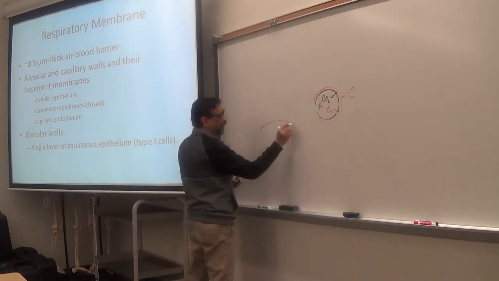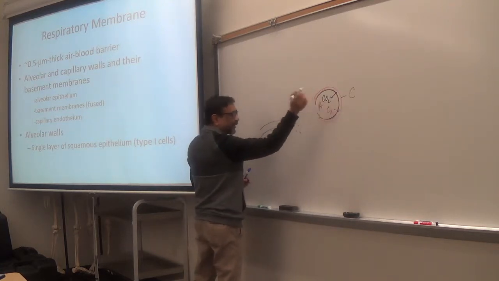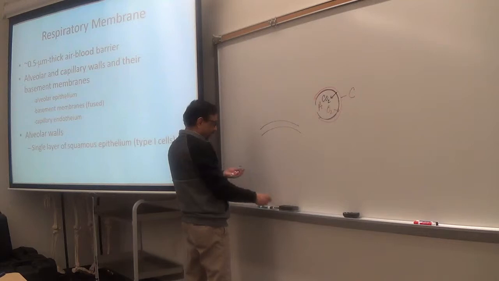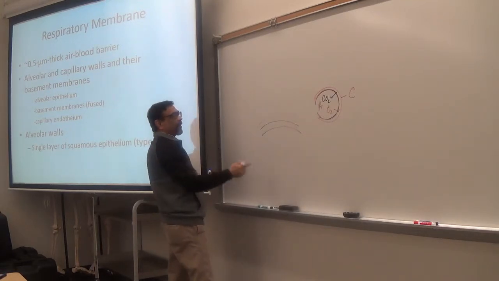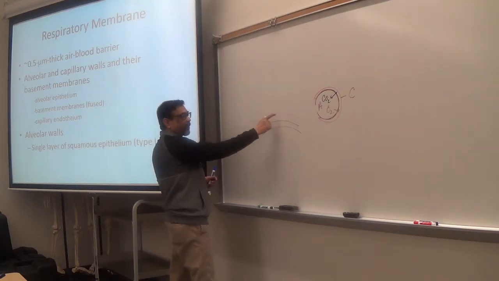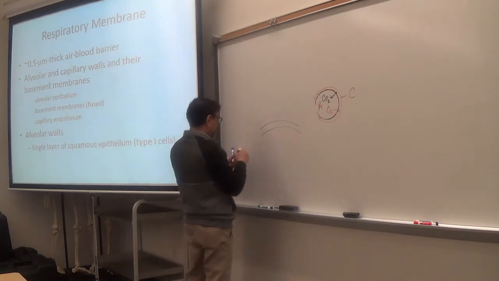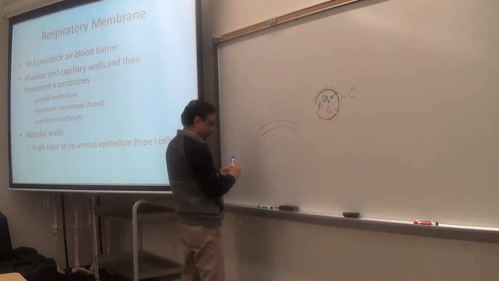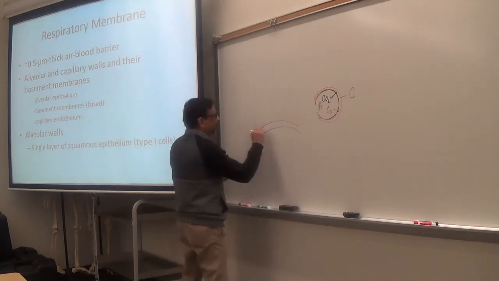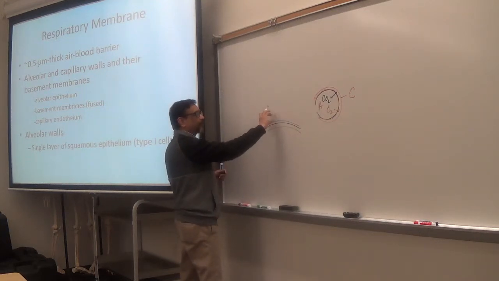If I draw here, this is the wall of the alveolus, and this is the wall of the capillary. And both alveolar and capillary walls have two layers in it. One is called the basement membrane.